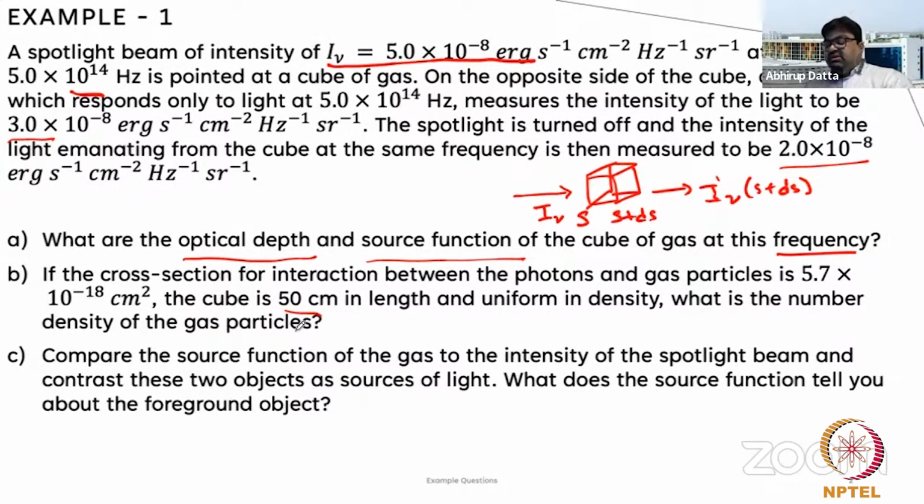Compare the source function of the gas to the intensity of the spotlight beam and contrast these two objects as sources of light. What does the source function tell you about the foreground object? It looks a bit complicated, but let us take it one by one.